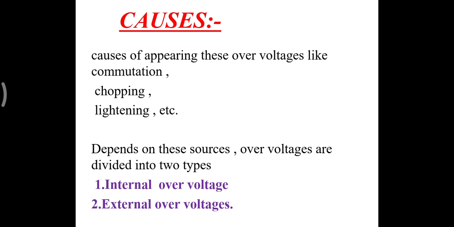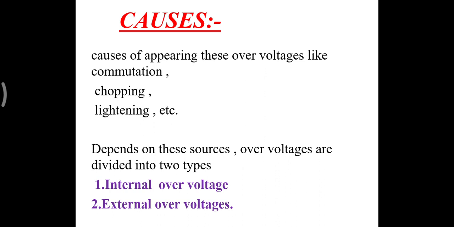There are many other conditions for getting over voltages, but these three we are considering as examples: during the commutation process, during the chopping process and during the lightning process. So these are the main causes for the over voltages.